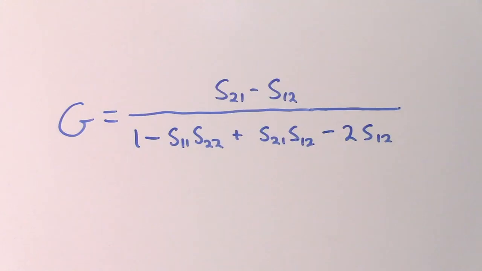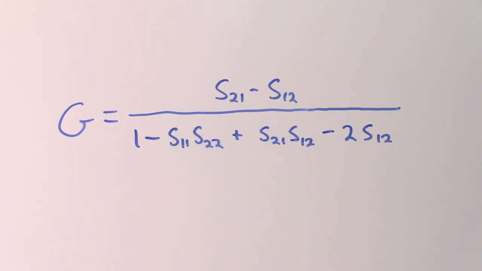Now, we could try to improve the port matching in our simulation, but that's often inconvenient. Luckily, there are a couple of really smart guys named Terry Hoke and Mitch Randall who came up with the aptly named Randall-Hoke equation. And I'll put links to some of the more technical papers on the subject in the video description.